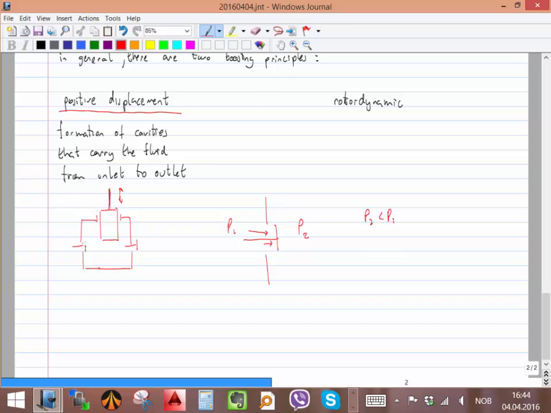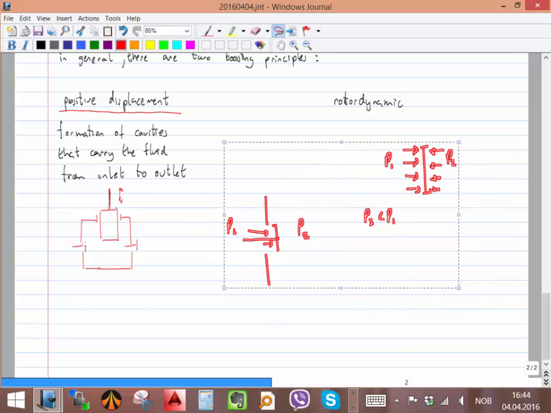Let's say the area is fairly equal, so I have P1 acting on one face and P2 acting on the other face. The resulting force is going to open the valve.